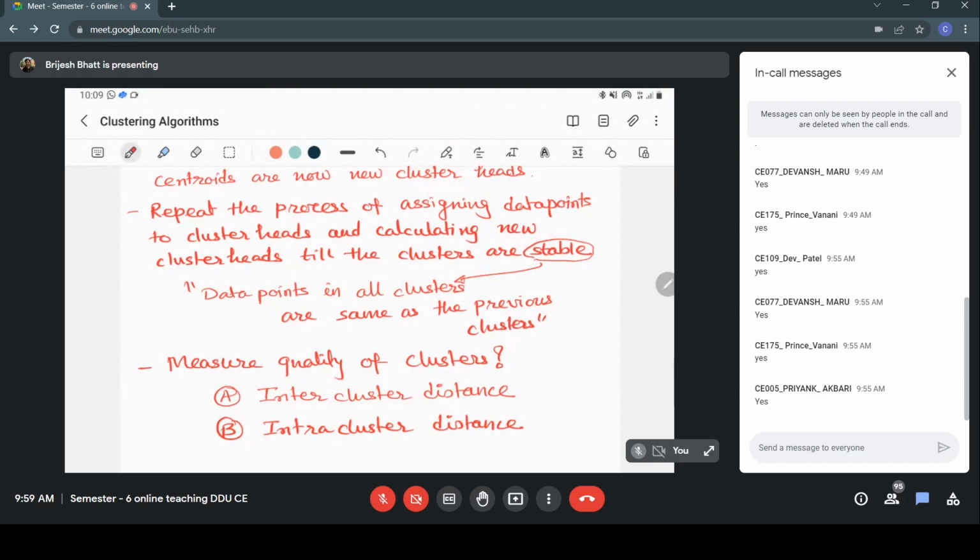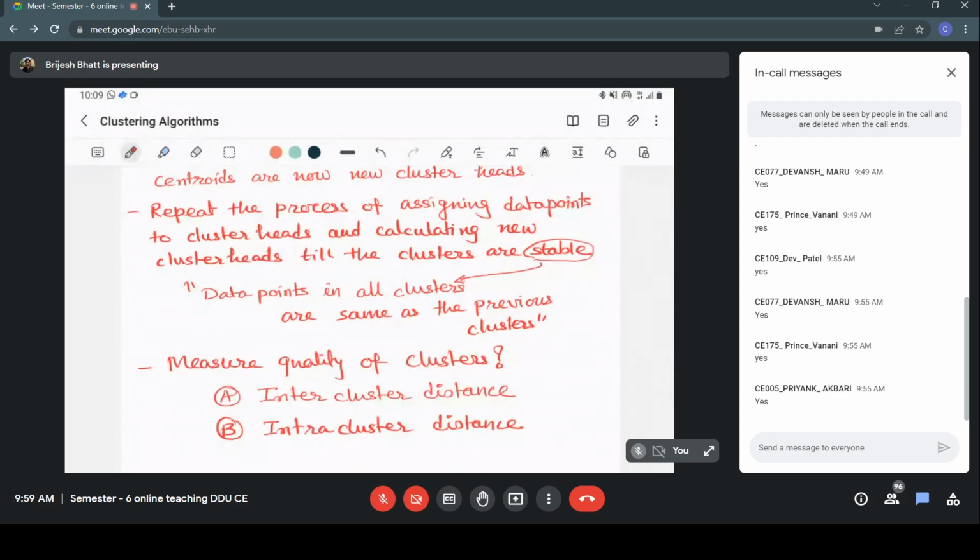As the names suggest, you would know the difference between them. Inter-cluster distance means how closely the data points within the cluster are connected. And intra-cluster distance means how far the clusters are from each other.